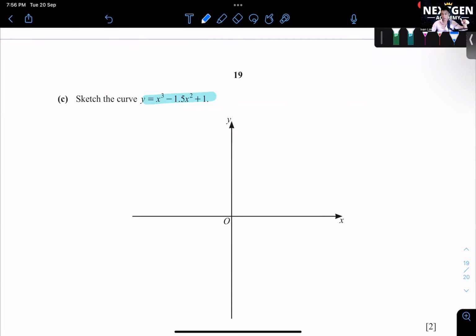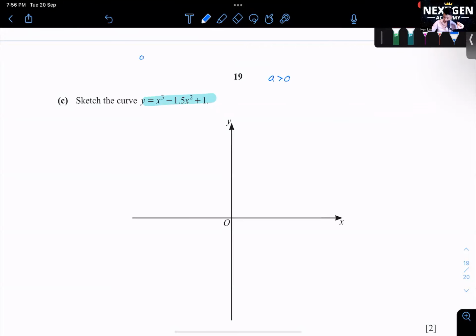If you want to get good results for your exam, you just suffer now. You've got another 4 more weeks only. How do I remember like that? If my a is more than 0, that means this is a cubic equation. Cubic means y equals ax cubed plus bx squared plus cx plus d.